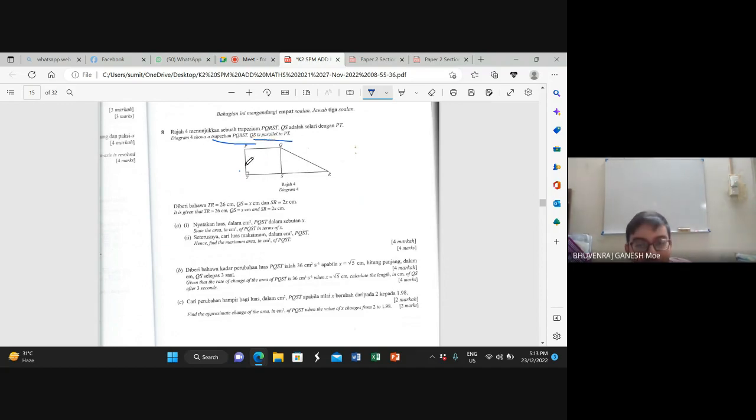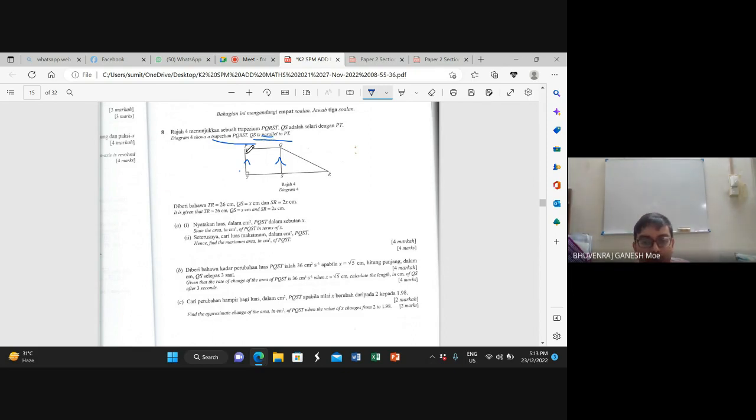Whenever they say things like parallel, you can actually mark it on the diagram just to give you a hint. It can be used especially in coordinate geometry. Usually they'll tell you this line has the same gradient as that, which means it's parallel. So we use this sign to show that it's parallel.